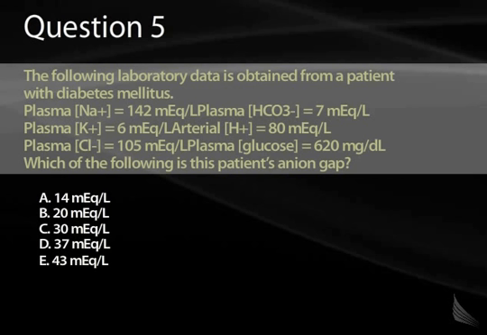Thus, the anion gap is 30 milliequivalents per liter, or C. While other measured cations and anions are offered, the anion gap is routinely measured only with the sodium, chloride, and bicarbonate concentrations. Thus, the correct answer is simply the difference between these. In this case, this is C, 30 milliequivalents per liter.